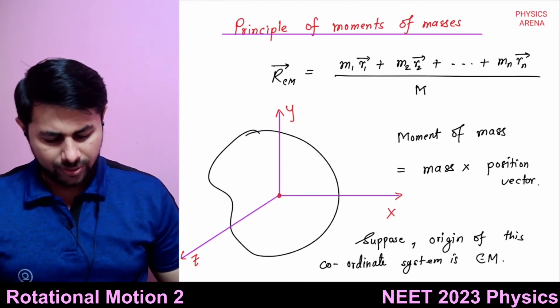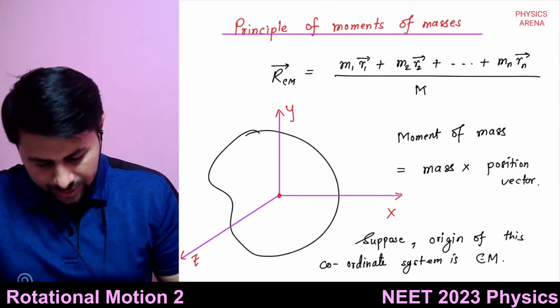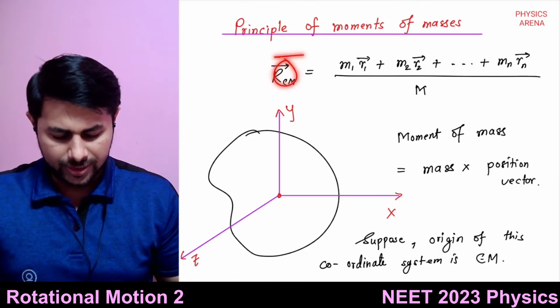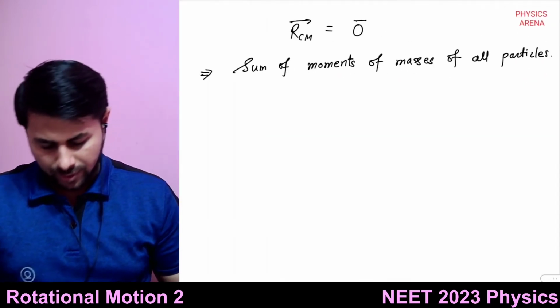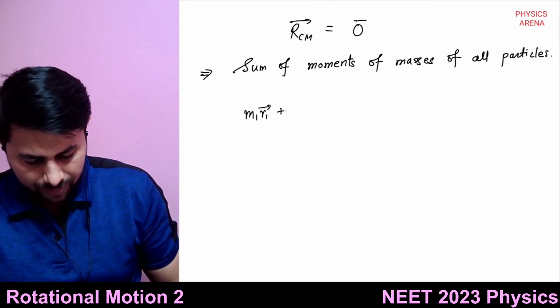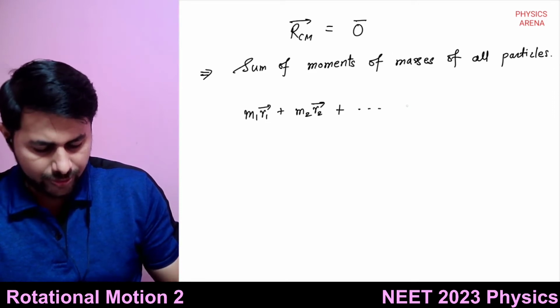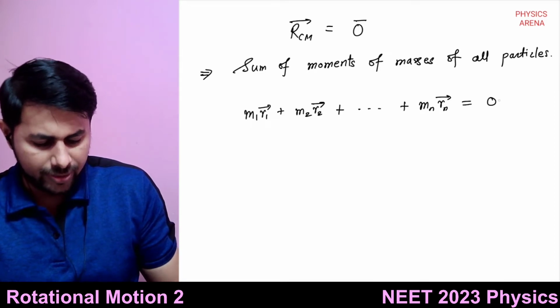So what will be the sum of moments of masses? Since the position vector of center of mass is 0 bar, the sum of moments will be equal to 0. So it is m1 r1 bar plus m2 r2 bar plus so on and so forth up to plus mn rn bar, and this will be equal to 0.